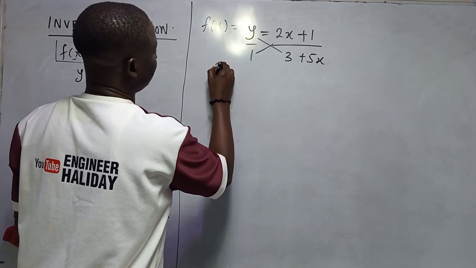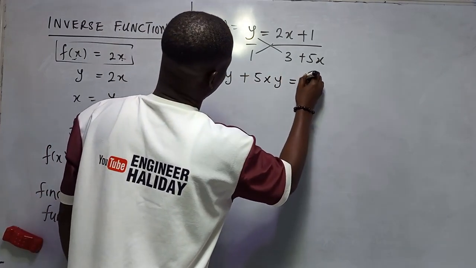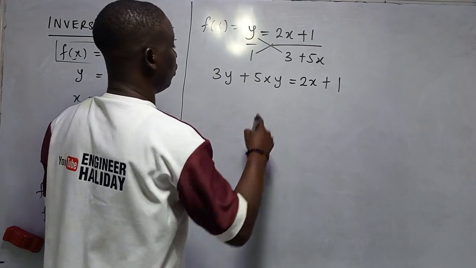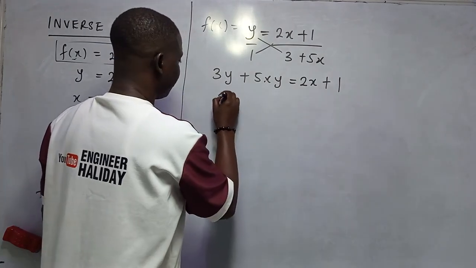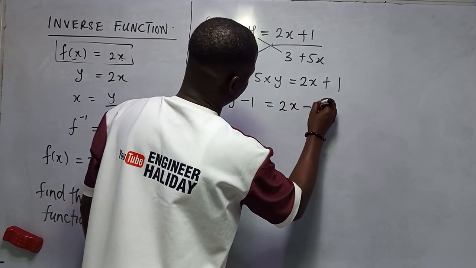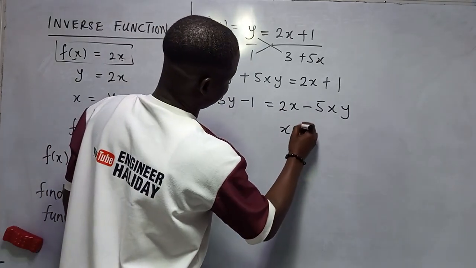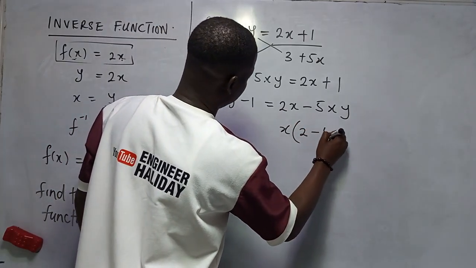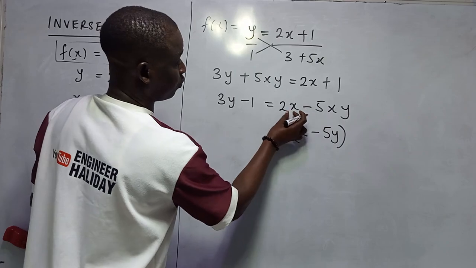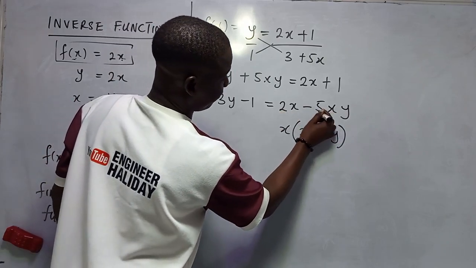So I would have 3y plus 5xy equal to 2x plus 1. So collect like terms by making x stay alone. So I would have 3y minus 1 equal to 2x minus 5xy. Now, what is common on both sides? x is common. If you bring x out, what will be here is 2, and bring x out here, it will be 5y.